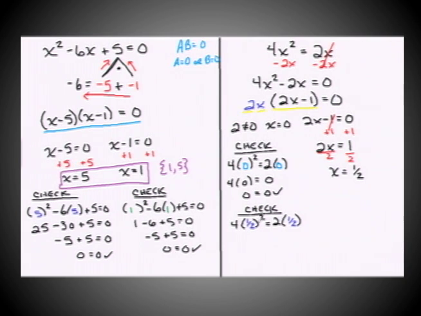So I'm going to square 1/2, and you can look at it 2 ways. You can think of that as being 1/2 times 1/2, which would give 1/4, or you can use your exponent rule that says that the square gets distributed to the top and the bottom, so you have 1 squared over 2 squared. So I'll just write that intermediate step there, 1 squared divided by 2 squared.